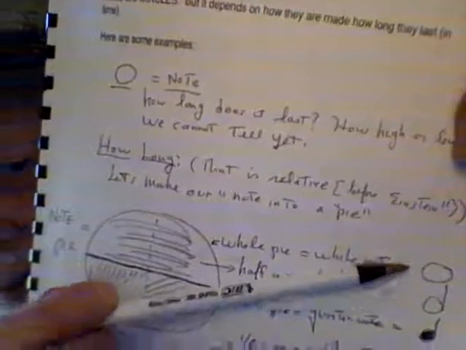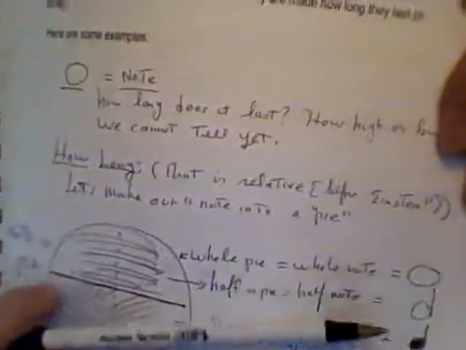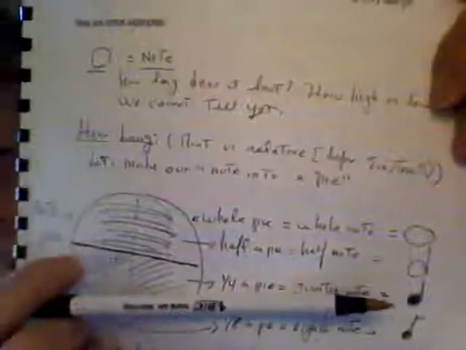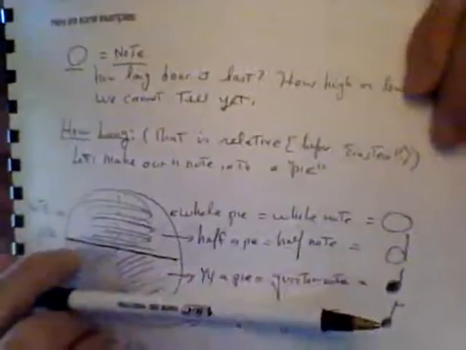Notice that. That complete circle is a complete note or a complete pizza or pie. This note looks like half a pizza or pie. This note is 1/4 of a piece of pie or pizza, and this is 1/8 of a piece of pie or pizza because I put them all with lines to these parts of the pie.